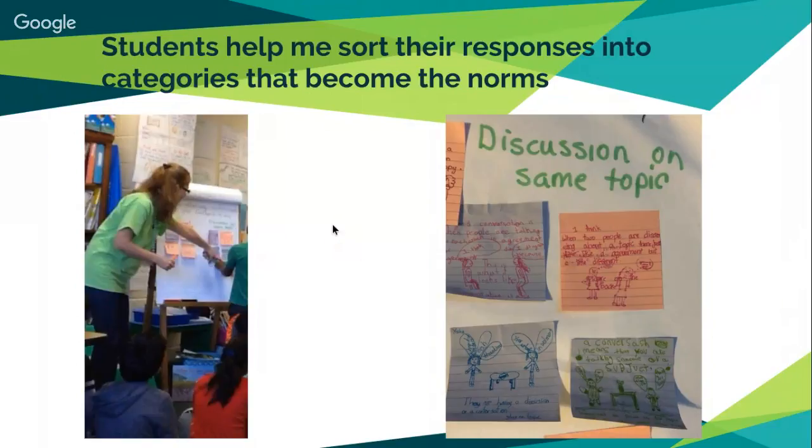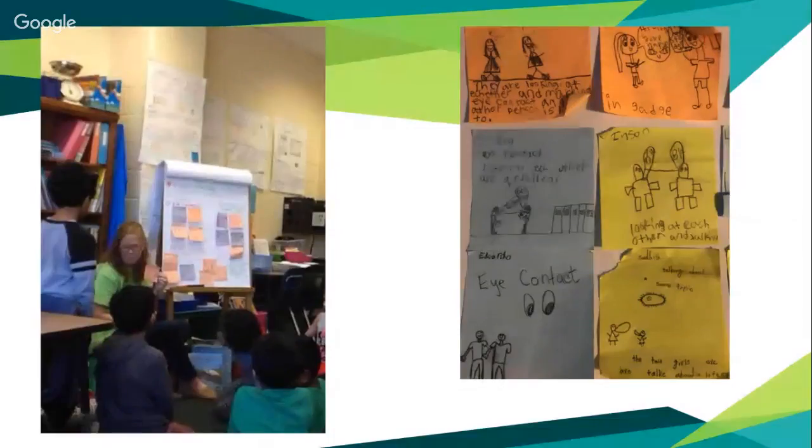Then I would ask the other students, does anybody have a similar example or similar statement? Then everybody would come up to the chart and glue it on. Together, we would create a category, for example, discussion on same topic. Now, this is in the beginning.